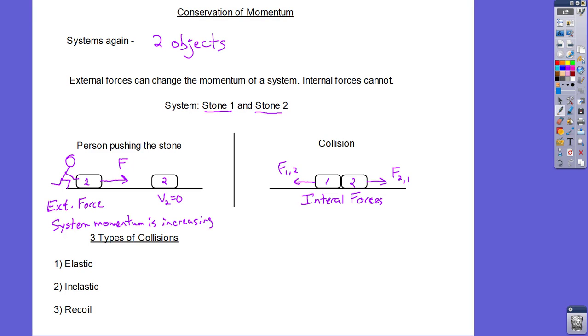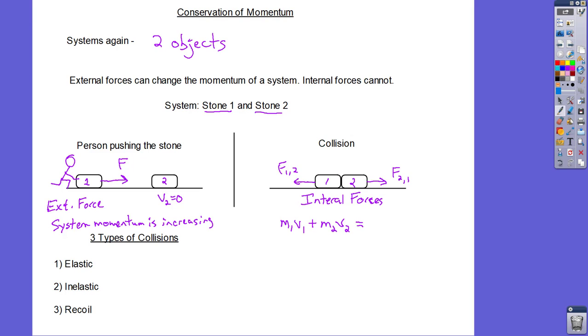So what we can say is here we usually have a before and an after. So before the collision, we had m1 v1 and m2 v2. So that would be the momentum of the system before the collision.